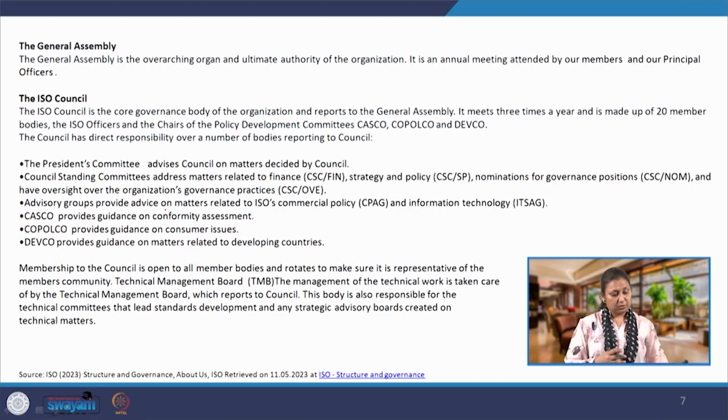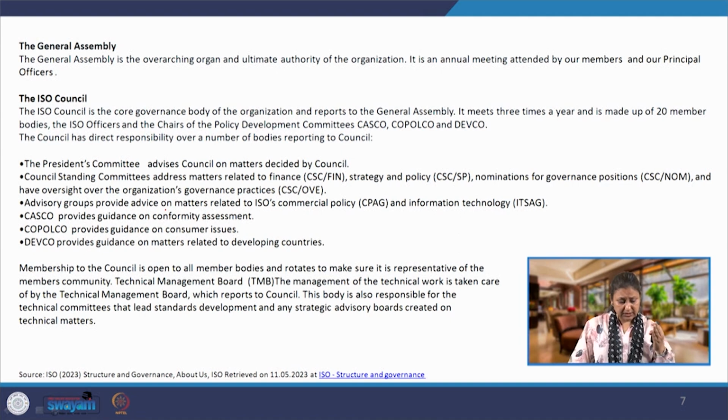Then we have COPOLCO, which provides guidance on consumer issues. We have to clearly keep in mind that ISO does not just give standards on specific technical subjects, but it covers a wide range of commercial matters also, and it is largely responsible for enabling fair trade in the world.